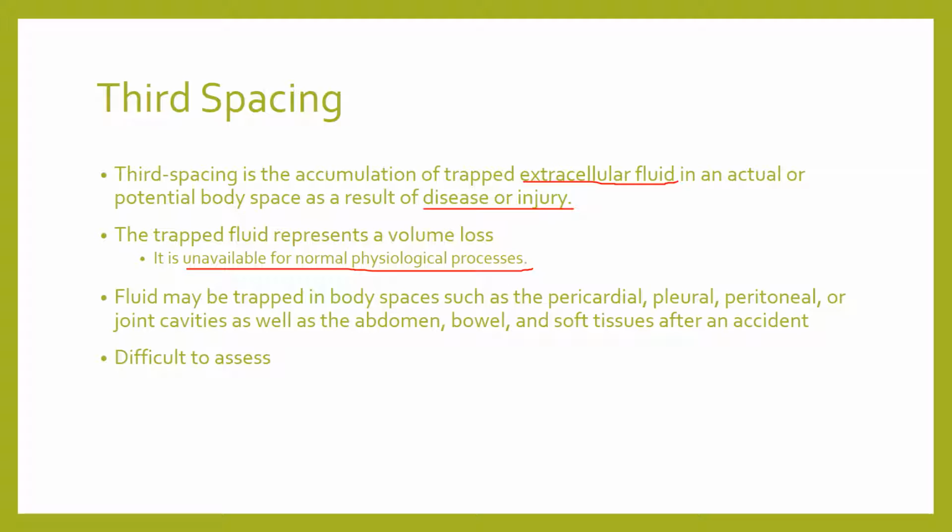There are some spaces where this fluid can be trapped, like the pericardial cavity, the pleural cavity, the peritoneal cavity, joint cavities, abdomen, soft tissues after an accident, stuff like that. Another thing about this is that it's difficult to assess. Typically, by the time you find it, the person is already symptomatic of the third spacing.